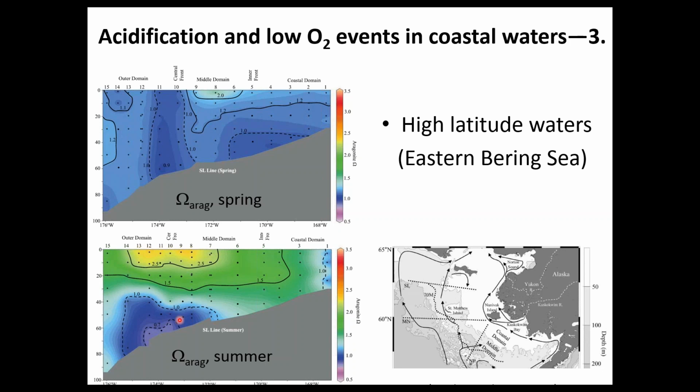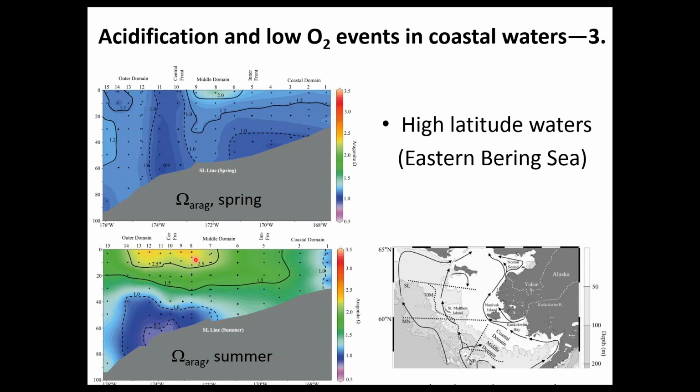And that is also impacted by seasonal ice melt, which dramatizes these low pH events by promoting biological production in the surface.